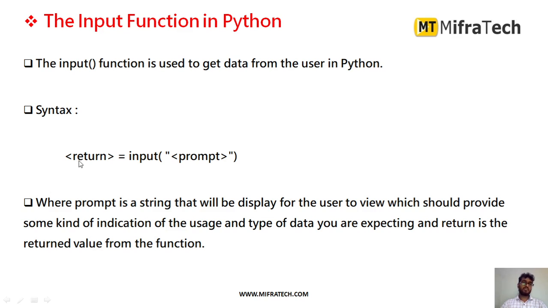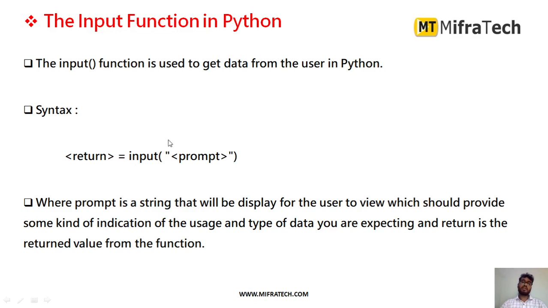So the syntax here you can see: return is equal to input of, inside brackets, as you can see, prompt. So this prompt mainly we are going to use in order to help the user know what values he should enter, like a comment we are writing in these double quotes, like enter an integer value, enter a floating value, like that.